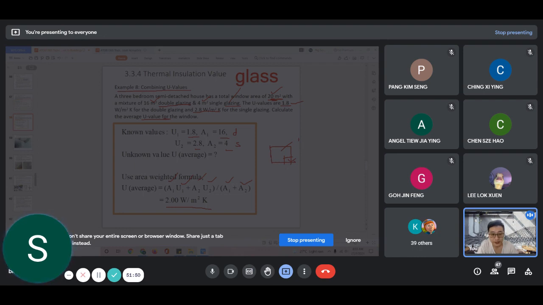So this example 8 showcases a small window, but when it comes to bigger scale, we can have a lot of material. We can have door, we can have more window. So when it comes to calculation, we want to ensure we capture the whole surface of the wall because the sun is shining onto here.